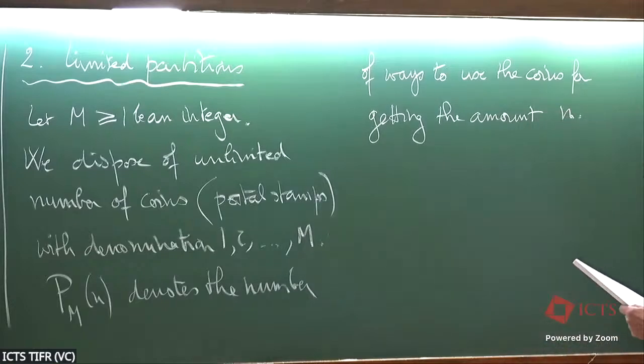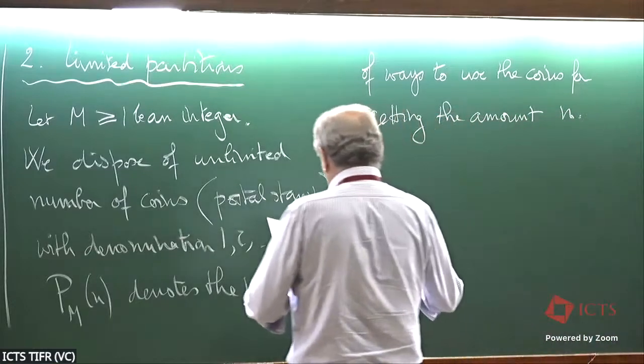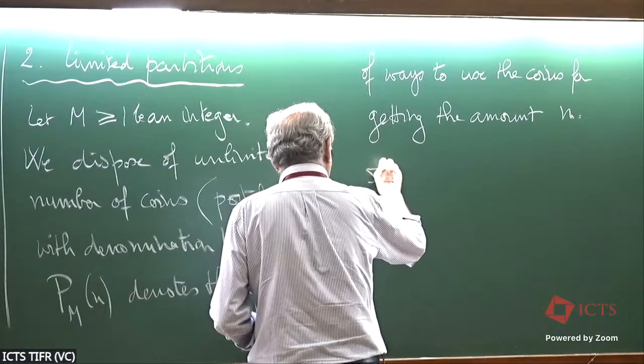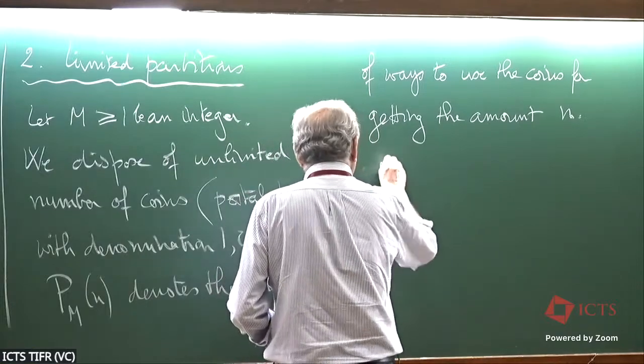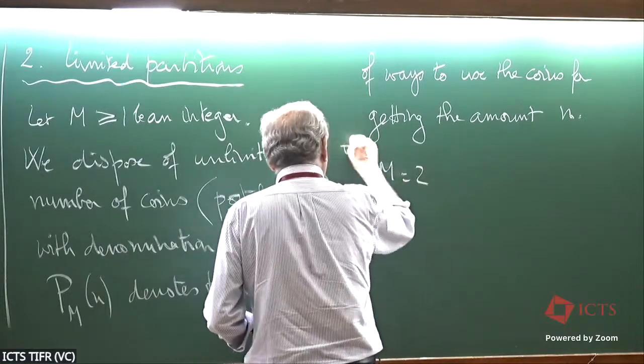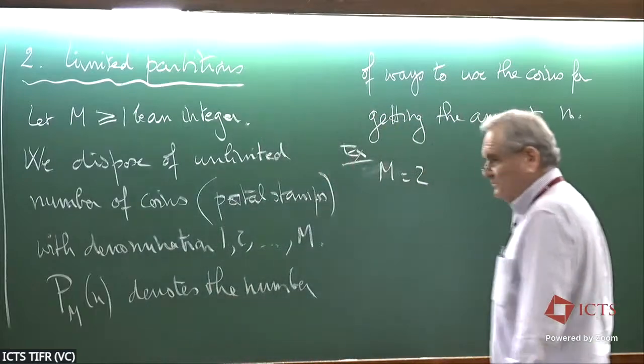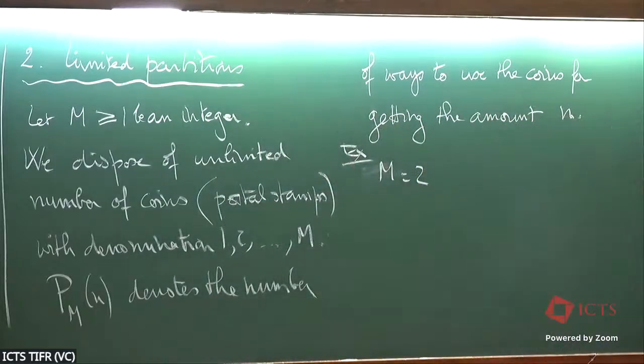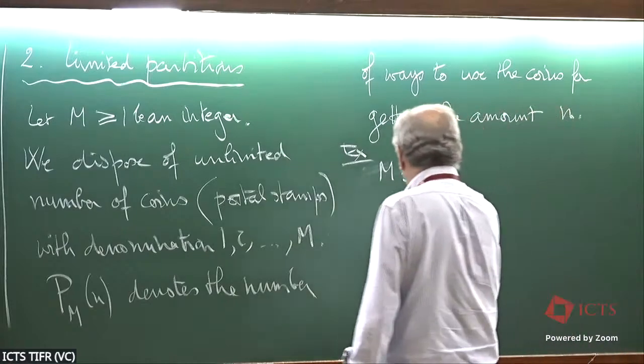So for example, if you look at the number 5, let us say m is equal to 2. So you have just denominations 1 and 2, and you want to know in how many ways you can represent 5.